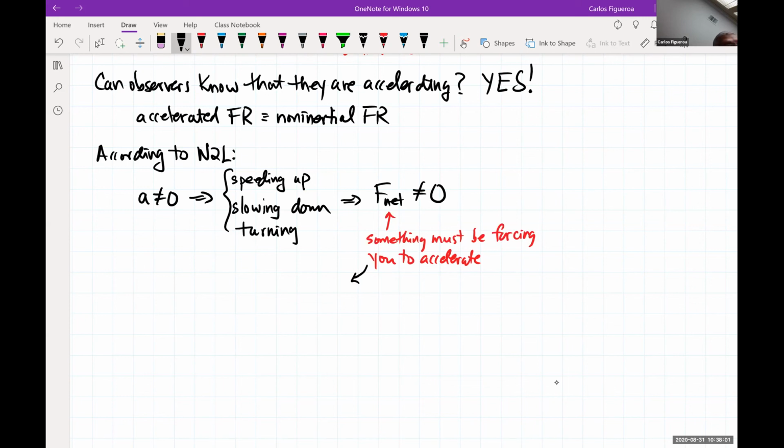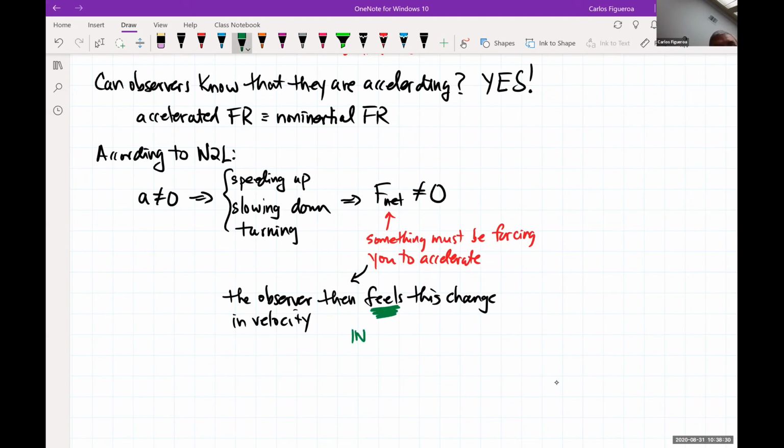So the observer then feels this change in velocity. What I typically call this thing that I'm calling feels is an intrinsic force.